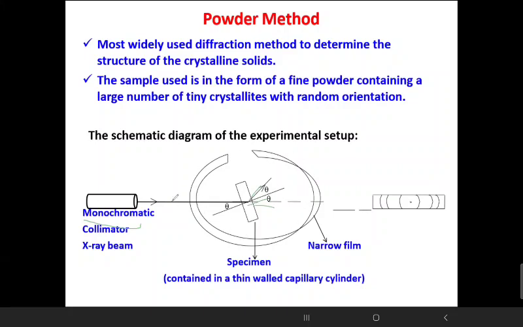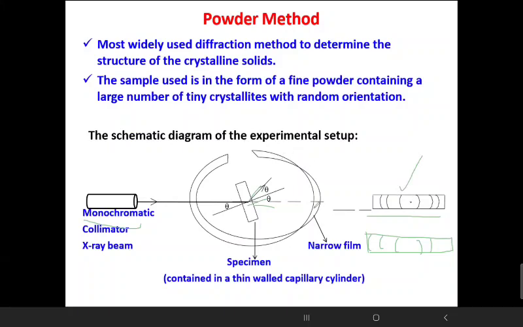This is a circular film. If you expand the film, it becomes rectangular and you will get this type of fringes.